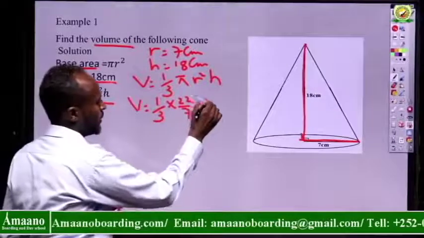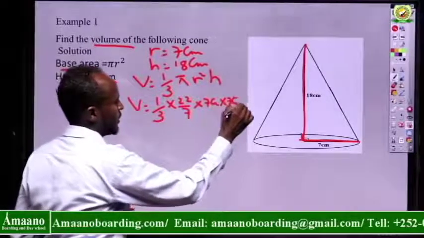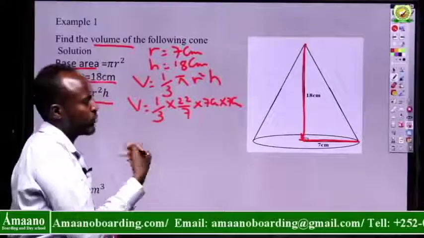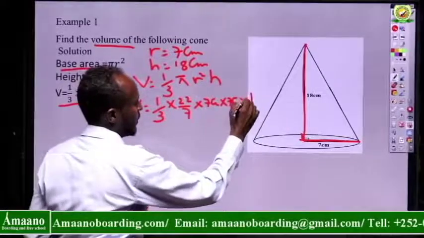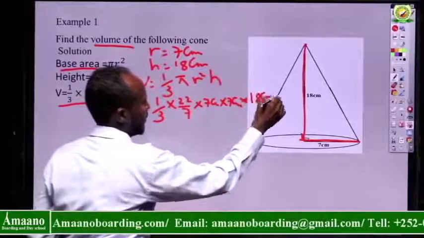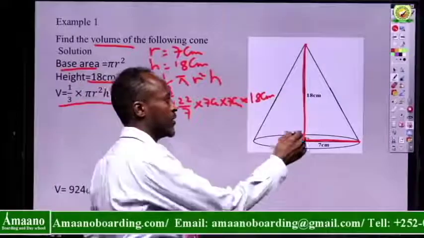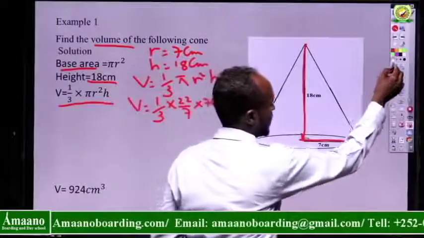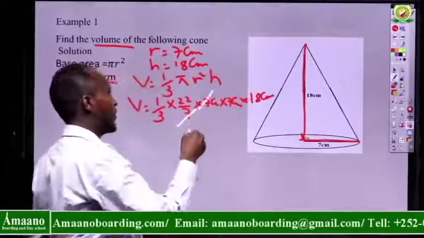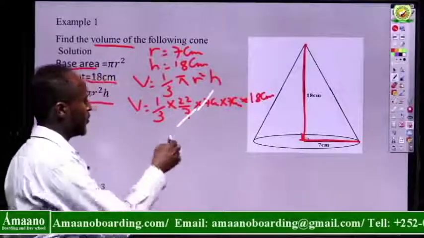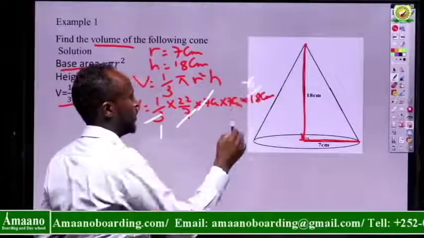r square is 7 centimeters times 7 centimeters. Instead of squaring, we can use two radii times the perpendicular height, which is 18 centimeters. We can simplify. If we want to simplify this expression, 7 cancels out 7. By 3, 1. By 3, 6.